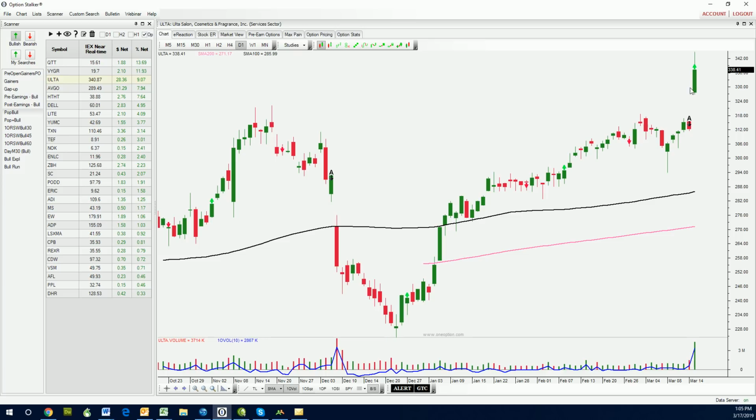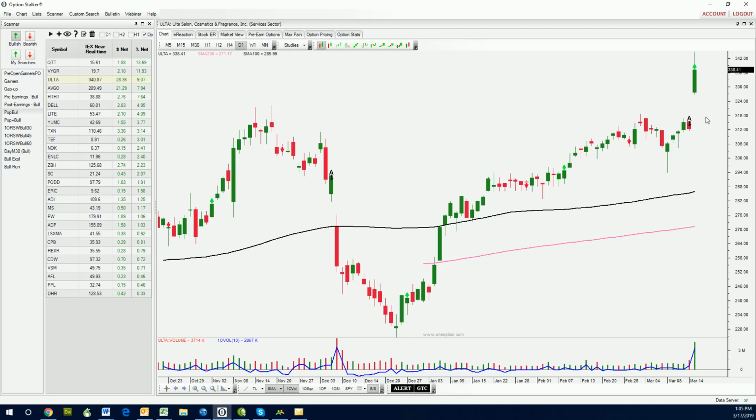The options on ULTA are not very liquid, so I'm going to move on. I do like it as a stock play, and when you have these gaps higher like this, they tend to backfill just a little bit, and then when they finally find support on that backfill, they take off. And we want that stock to stay above this opening price on the gap.